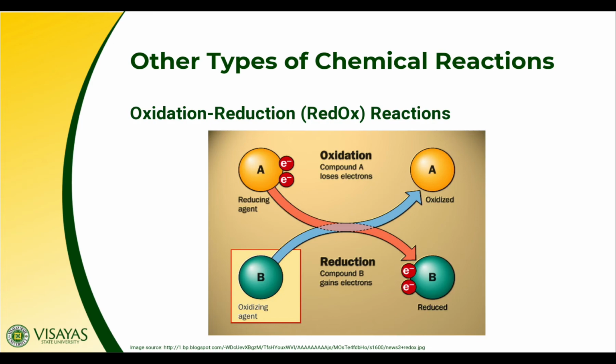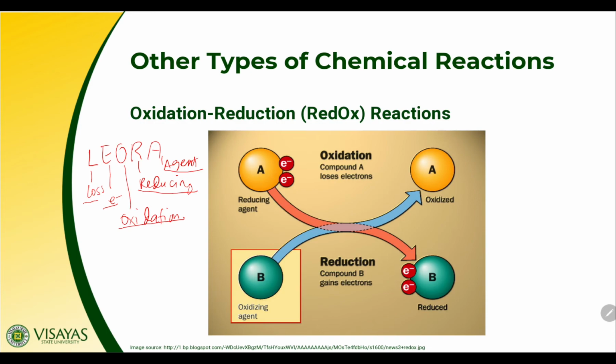Okay, so we have here the so-called LEORA and GEROA. LEORA: L stands for loss of electrons, this is oxidation. This one is reducing, and A stands for agent. So when there is loss of electrons, that's oxidation, and we have the reducing agent, no?